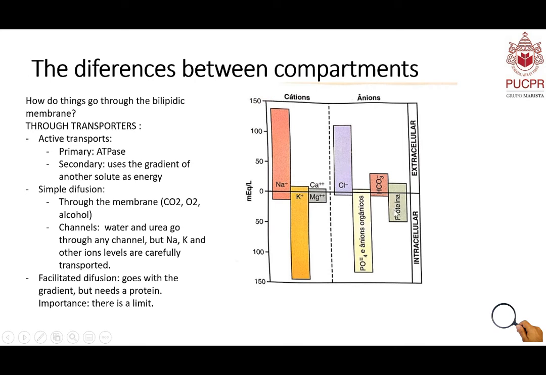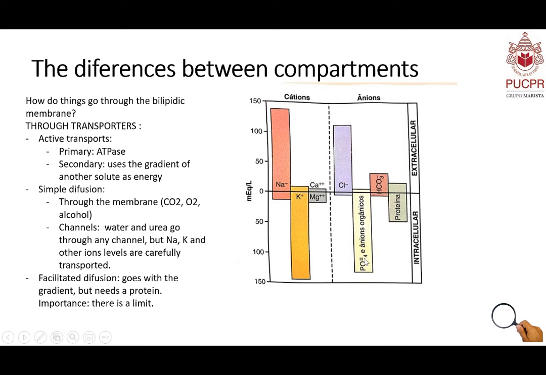You have to remember that proteins have that radical connected to the alpha carbon, and most of our radical chains are charged negatively. Okay, so since we have more protein in the intracellular than in the extracellular space, we have more proteins responsible for the negative charge.